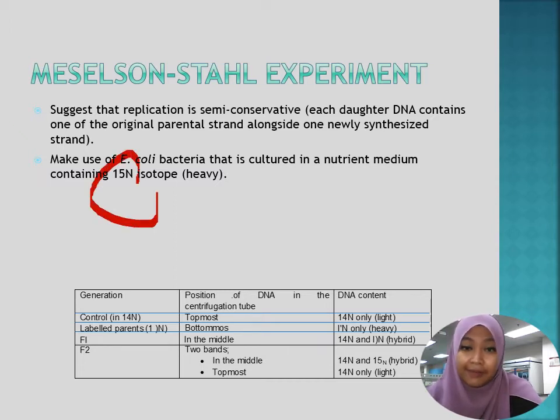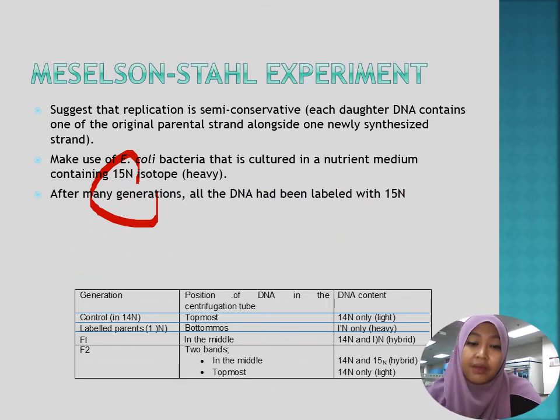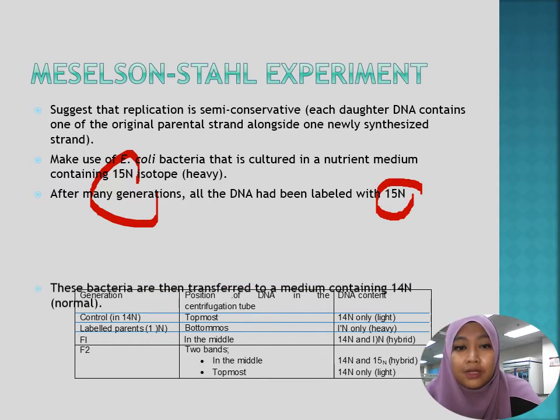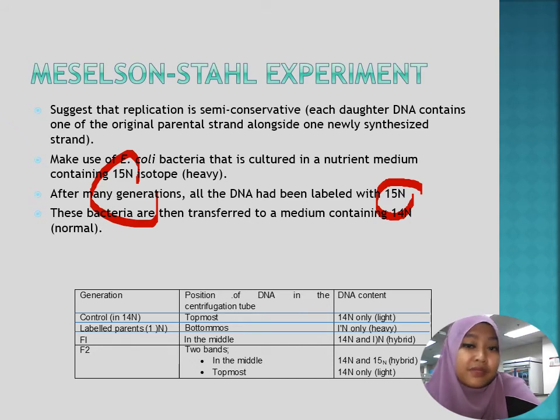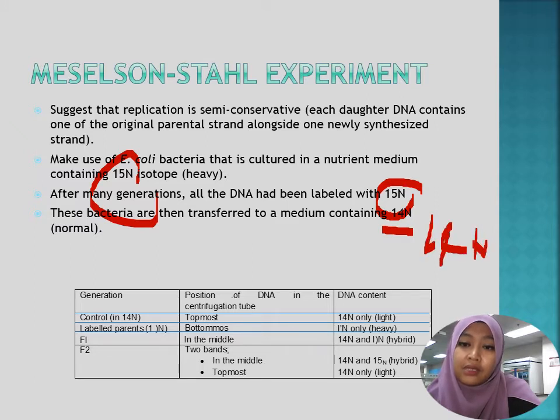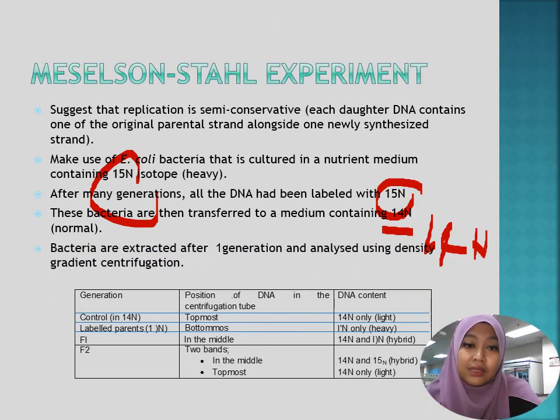They labeled these bacteria with nitrogen-15, and after many generations, all the DNA of the bacteria contained nitrogen-15. Then the bacteria were transferred to a medium containing nitrogen-14, instead of 15. After one cycle, they extracted the bacteria and looked at their DNA.